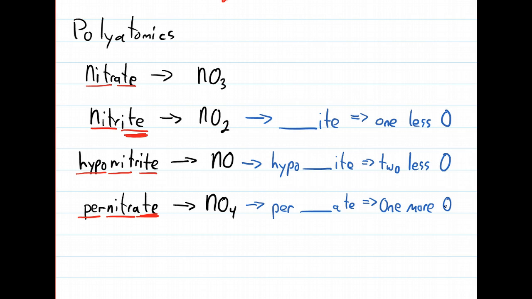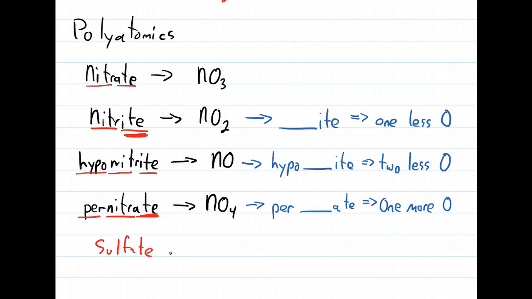So for the most part, most of our polyatomics, just the ate by itself refers to 3 oxygens. So we have a bunch of different ones. We have nitrate, we have chlorate, we have sulfate is actually a little bit different. What is sulfate? Sulfur. It's sulfur, but how many oxygens? 4.